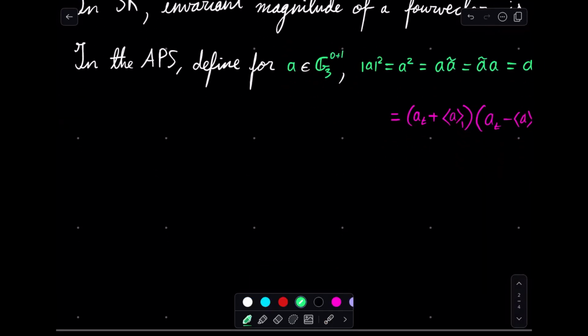All right, so now we can define rest frames and lab frames.